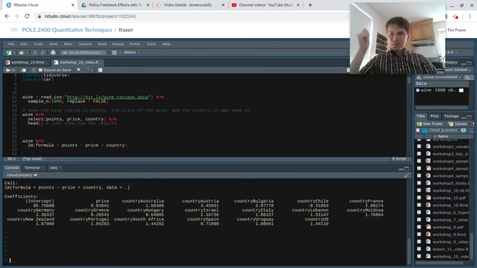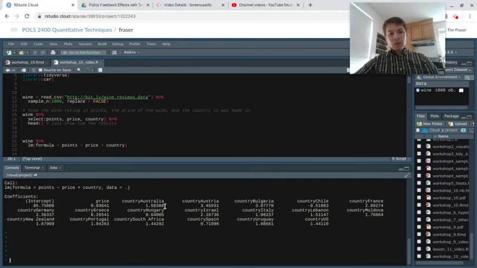Isn't that cool? So you'll see, first we've got our alpha. This is the expected rating independent of everything else. So about 85 points you're going to get off the bat. This is the beta coefficient for price. So as the price goes up by $1, you expect the review to go up by about 0.03 points.